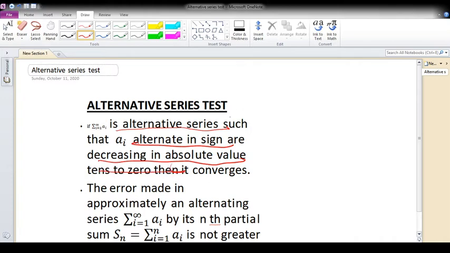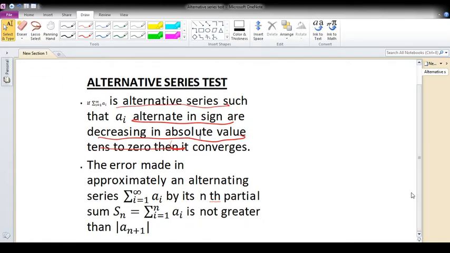Then it converges. If the terms of an alternating series have decreasing absolute value that tends to 0, then we can say such an alternating series converges.